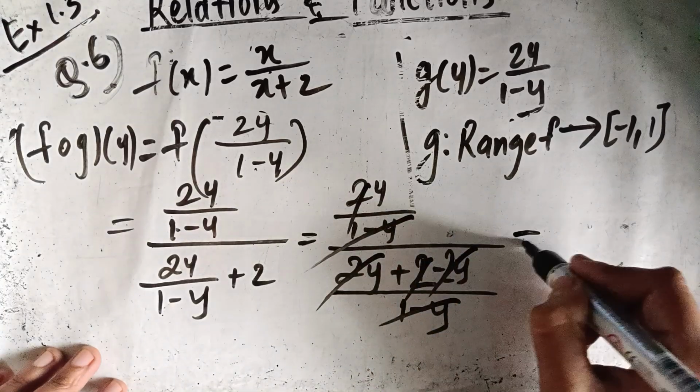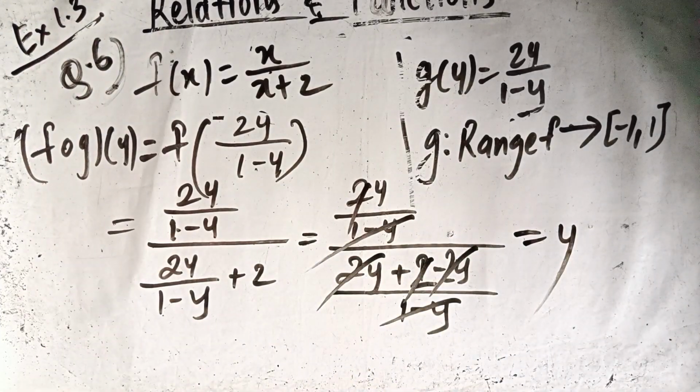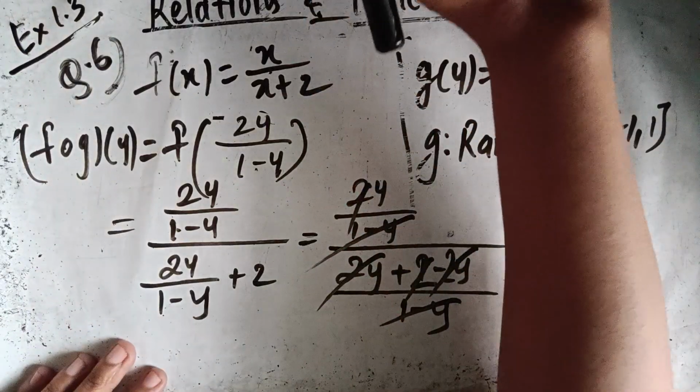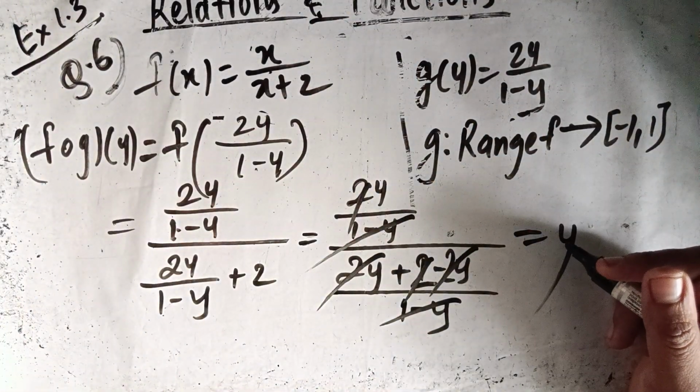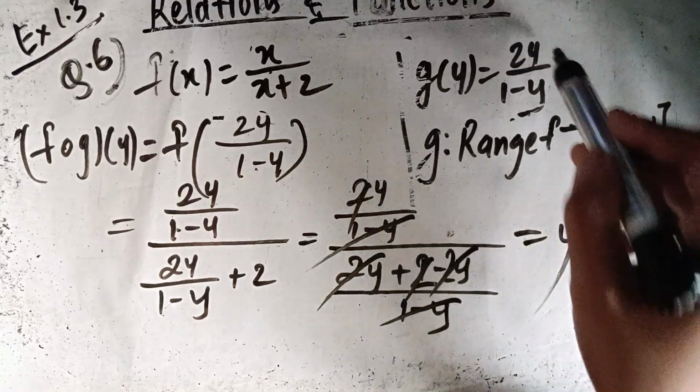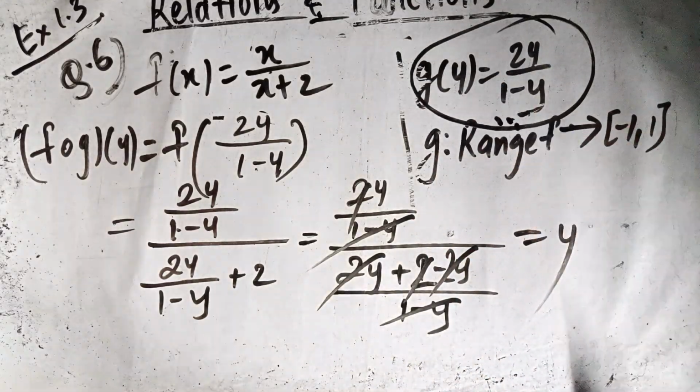So 2 gets cancelled, and we will get y. So both we are getting identity. So this is the inverse.